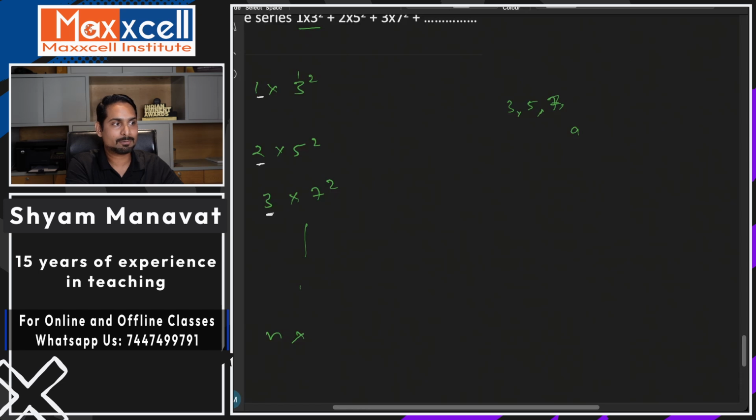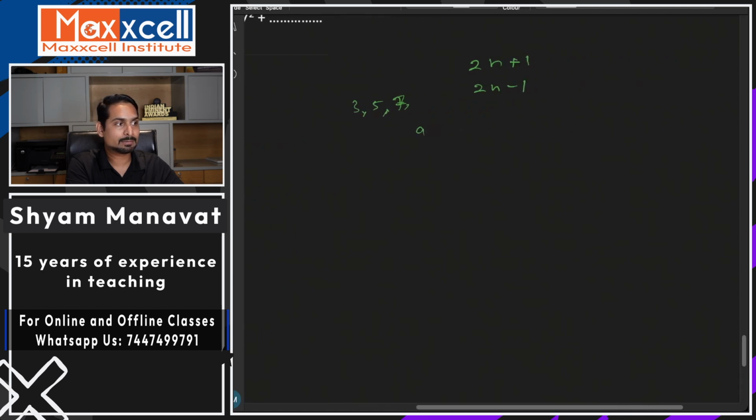So the general form of writing an odd number is 2n plus 1 or 2n minus 1. 2n plus 1 is for odd numbers starting from 3, 5, 7, 9 and so on. 2n minus 1 is the way of writing the odd numbers when they start from 1, so 1, 3, 5, 7 and so on. That is the way you write the nth term.